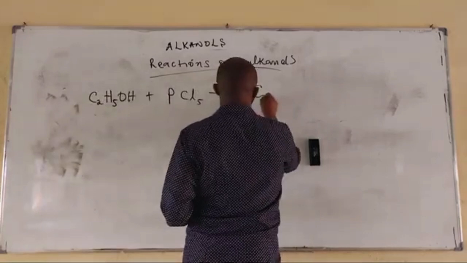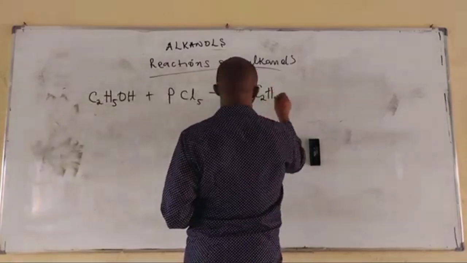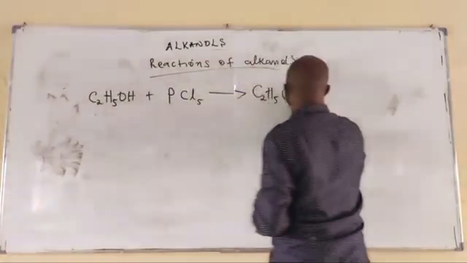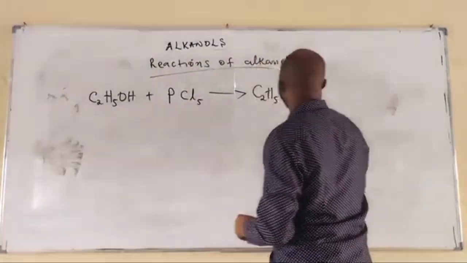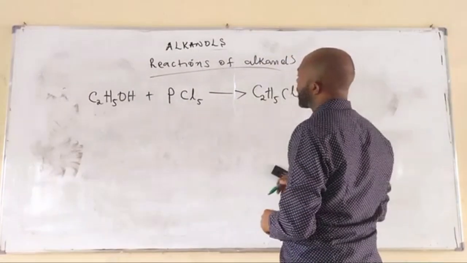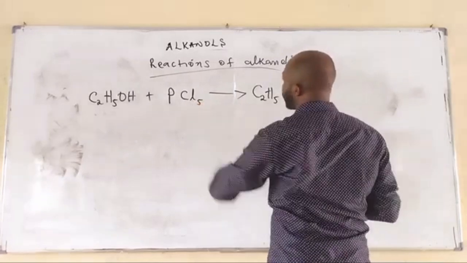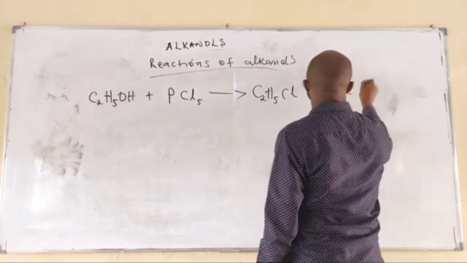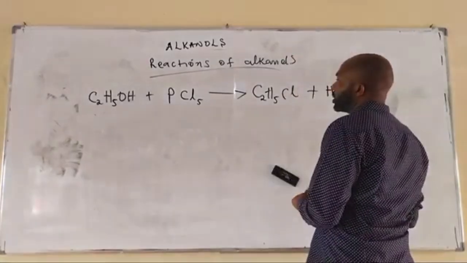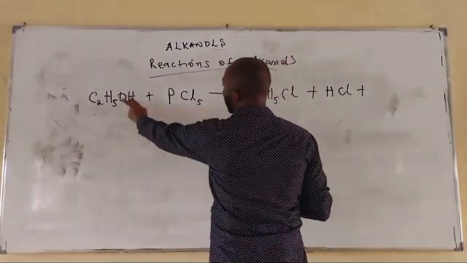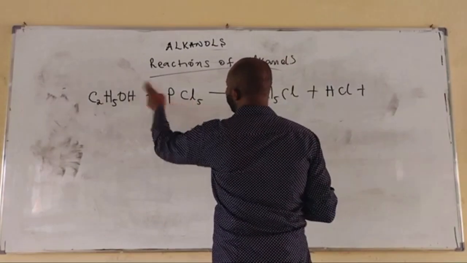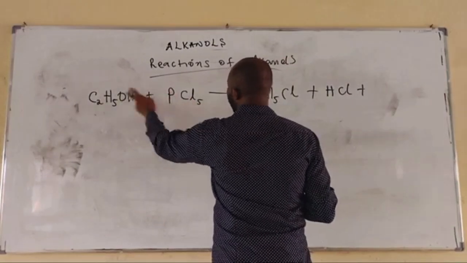We have our C2H5Cl. 1 chlorine will replace it. So this is our haloalkane. What is left? We are left with 4 of these. So if I have HCl, hydrogen is out, oxygen is left, hydrogen is out, another one is left. So I'm left with POCl3.